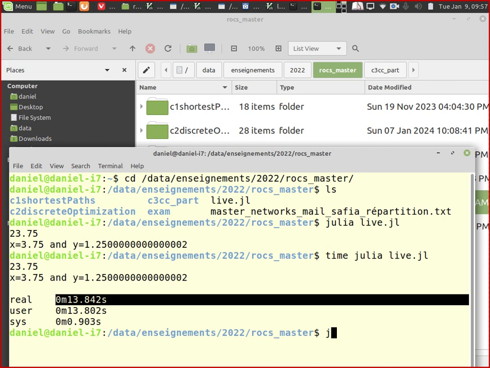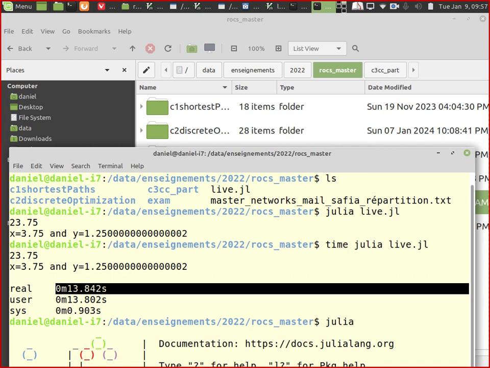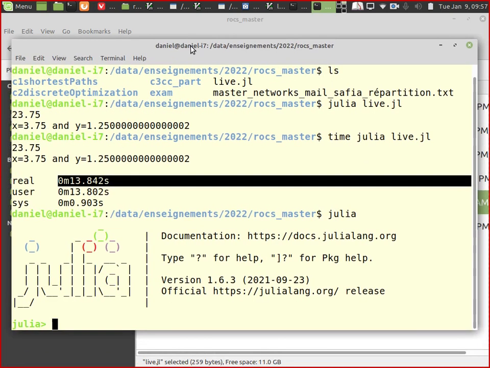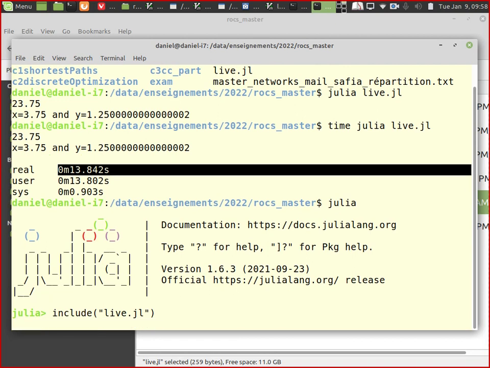But what you can do is you type julia with no argument. It will start the interpreter of Julia. And now you write include and you give as argument live.jl. The very first time it will take some time, same as before.